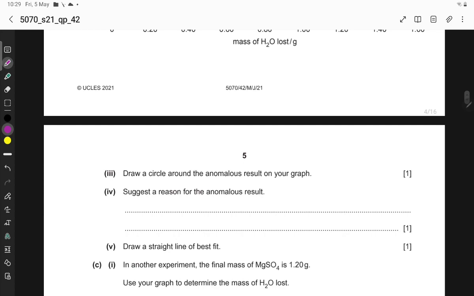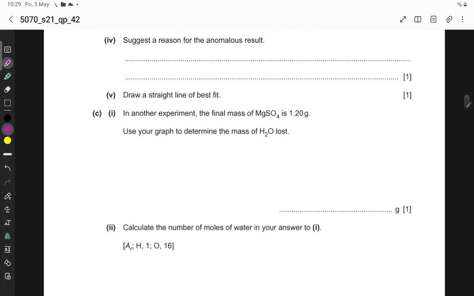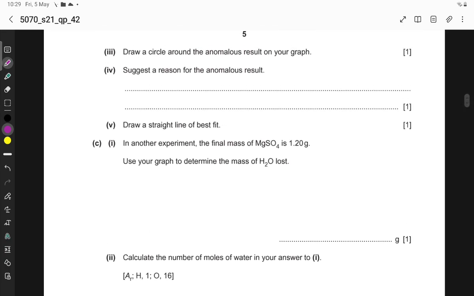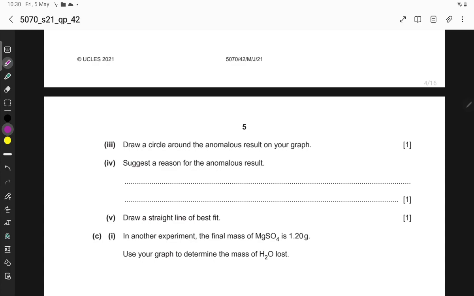Suggest a reason for the anomalous result. Draw a straight line of best fit. Okay, suggest a reason for the anomalous value.